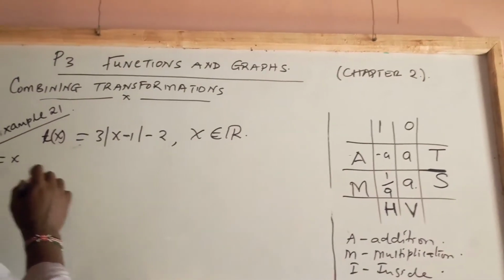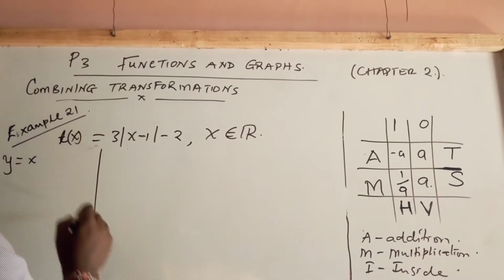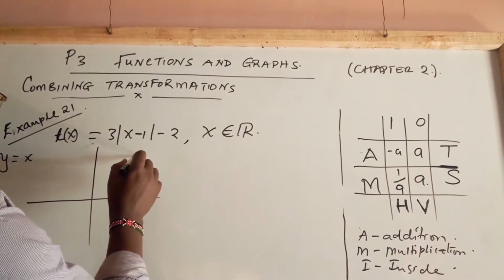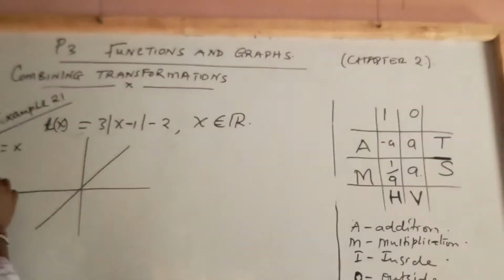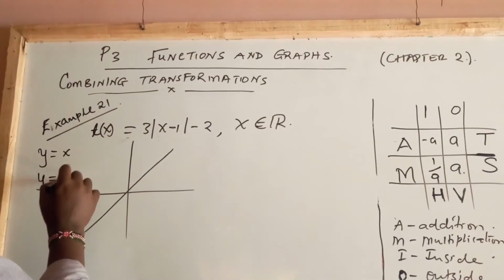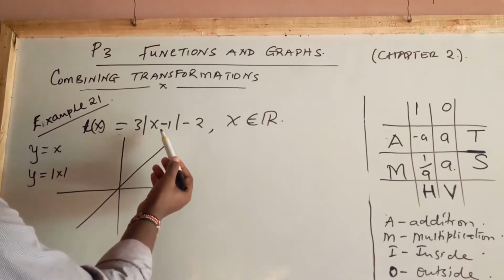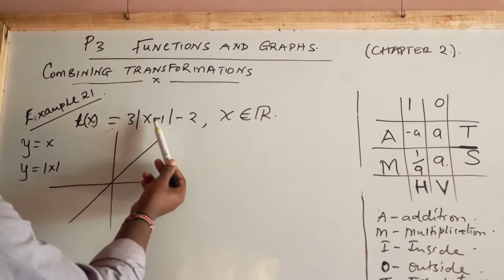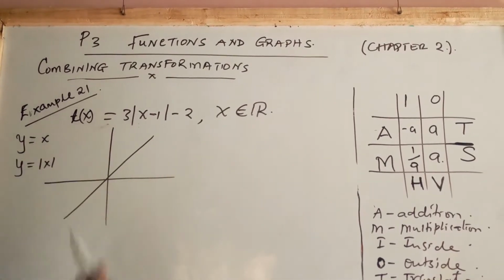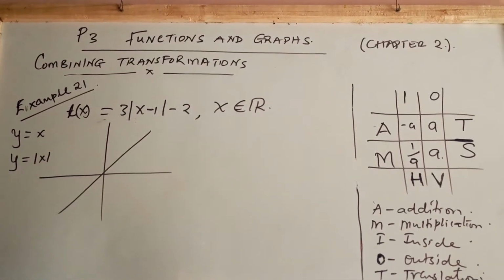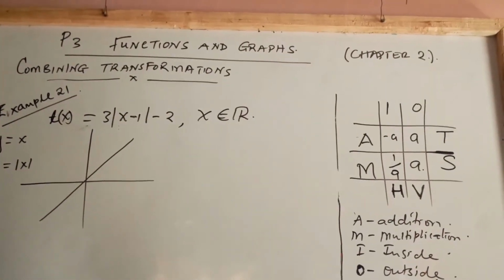Of course, y equals x gives us something like this. But again, y equals modulus x. We can first choose to apply the -1, or we can choose to modulus this part first. Either way can work. Okay, let's modulus this part first.